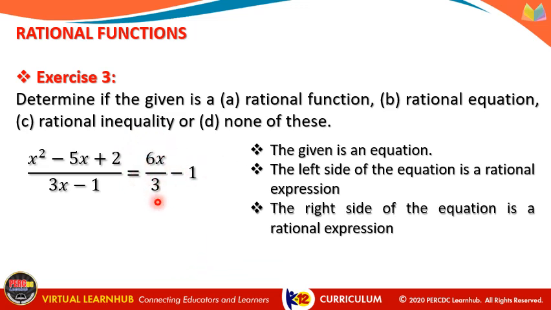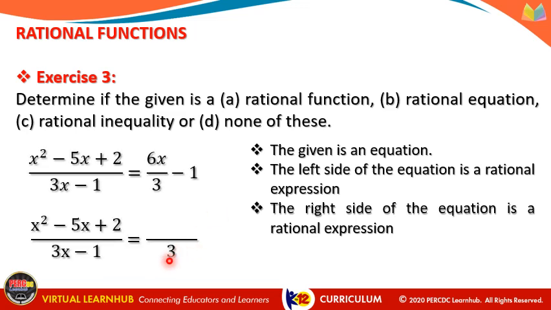Now, if you want to confirm kung talaga nga bang magiging rational expression to, edi sige, i-apply lang natin yung ginagawa natin. If you want to combine fractions with different denominators, so, di ba, mag-start tayo sa pagkuha ng LCD. So, ano ang LCD ng dalawang to? Ano ang LCD ng 6x over 3 at 1? Well, of course, it's 3. So, therefore, 3 ang magiging denominator ng buo. So, let's just focus on the right side, no? Yung left side, wag na nating pakialaman. Anyways, na-confirm naman natin na rational expression to. Okay, so you have 3 divided by 3 is 1. 1 times 6x will give us positive 6x.